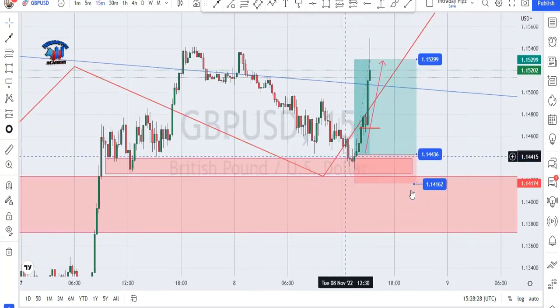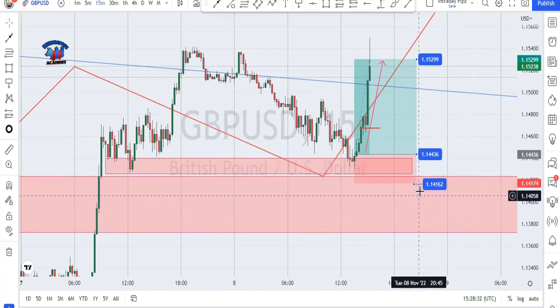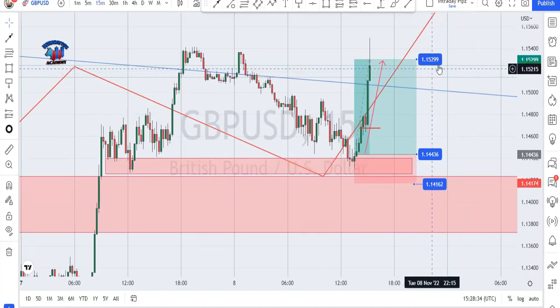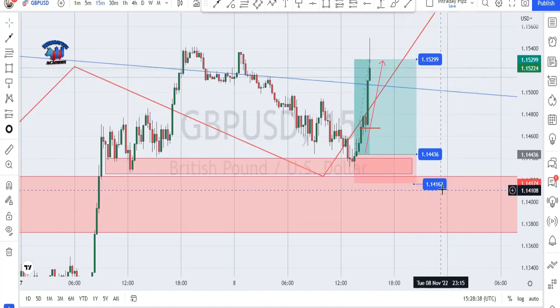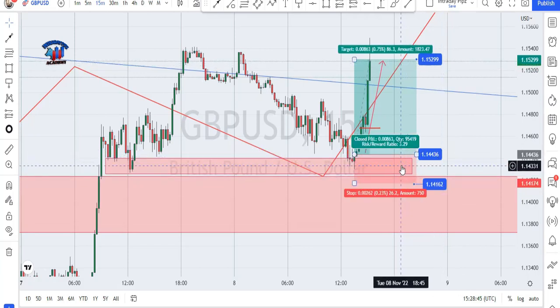So you can see right about that, entry 1.1443, take profit 1.1529 and stop loss just 1.1416. So this is basically about we're risking 26 pip going for 86 pip on this particular trade.